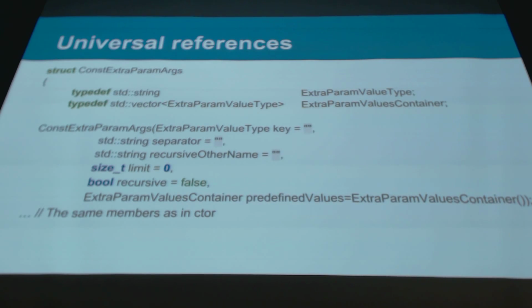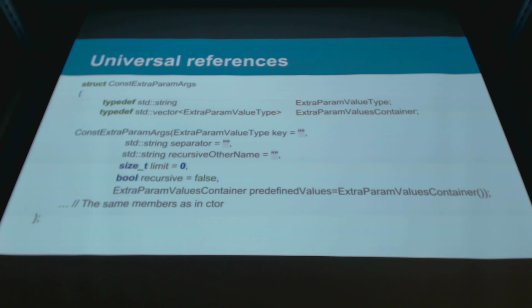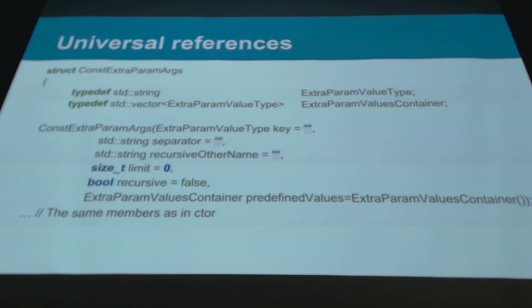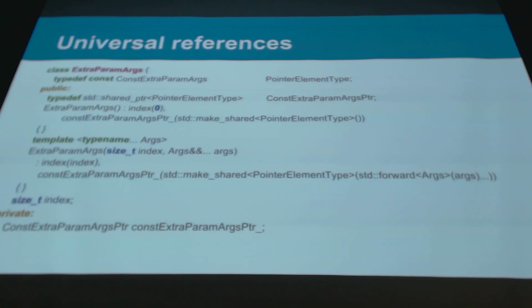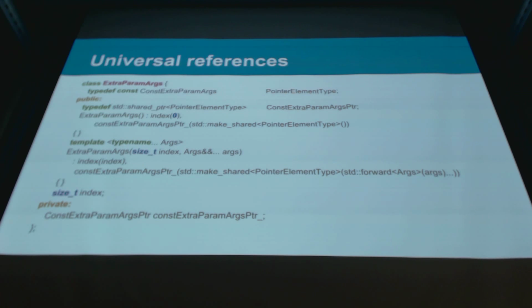So, another example of universal references. Let's say we have some big structure that will store the same thing that we have in a constructor, and the constructor has many default arguments. And then let's say that we have another class that will store the previous class by a shared pointer to const.